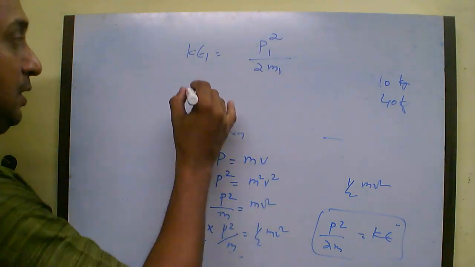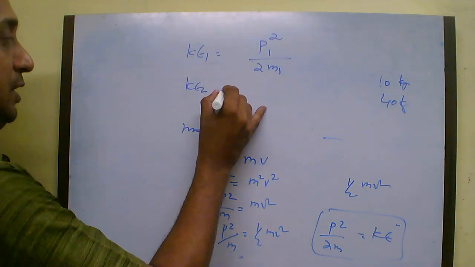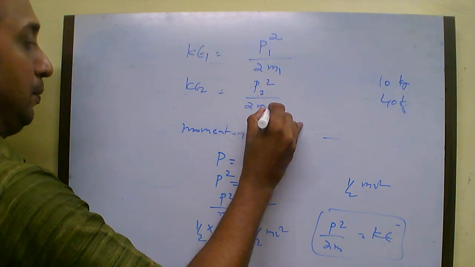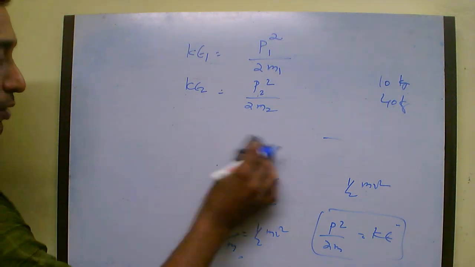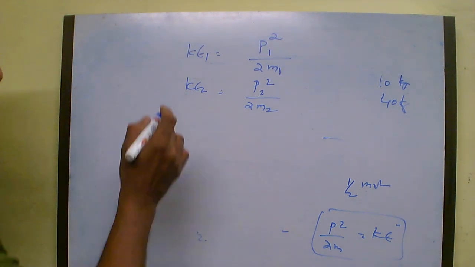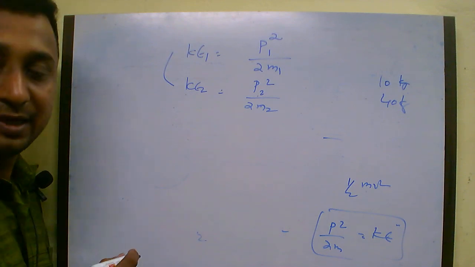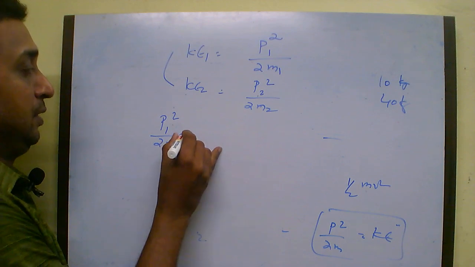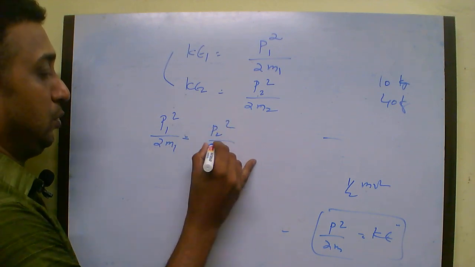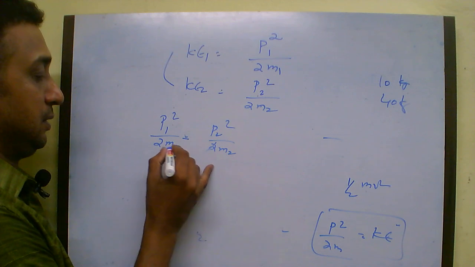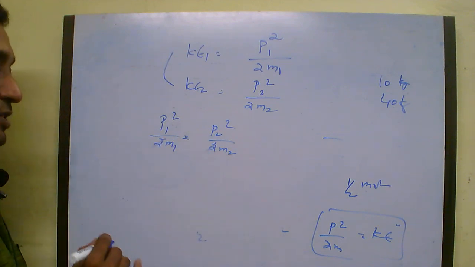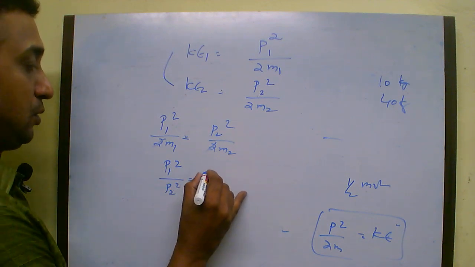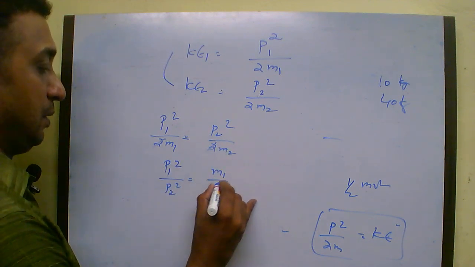Similarly, the kinetic energy of the second body is equal to p2 squared by 2 m2. Now they have said the kinetic energy is same for both, so I can substitute it like p1 squared by 2 m1 is equal to p2 squared by 2 m2. So let me cancel this 2, then I can have p1 squared by p2 squared is equal to m1 by m2.